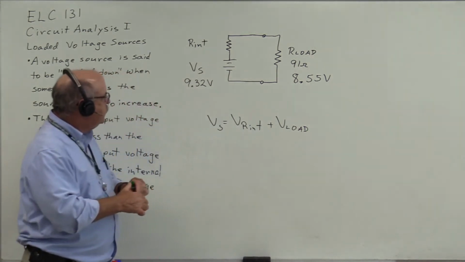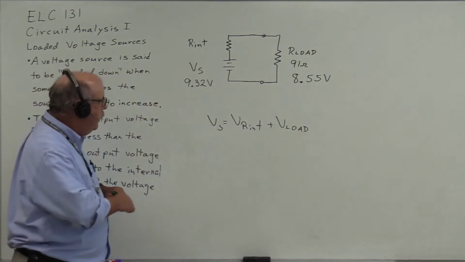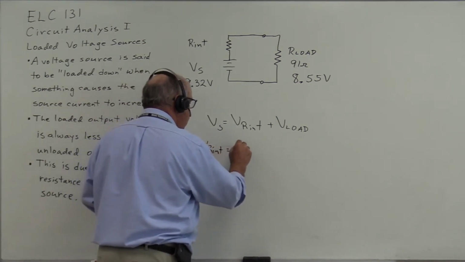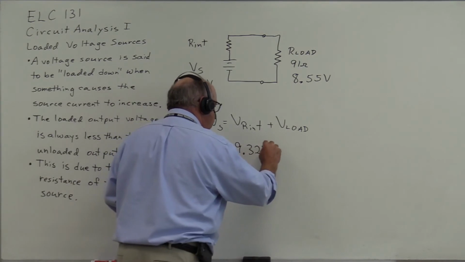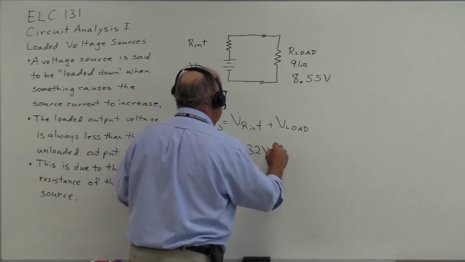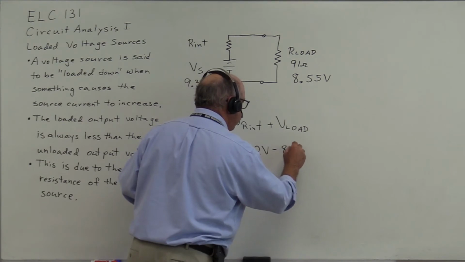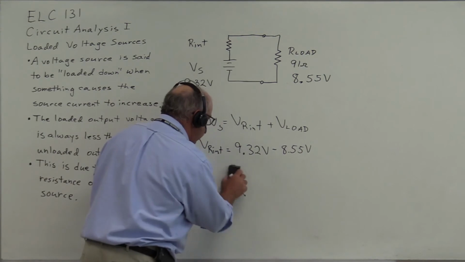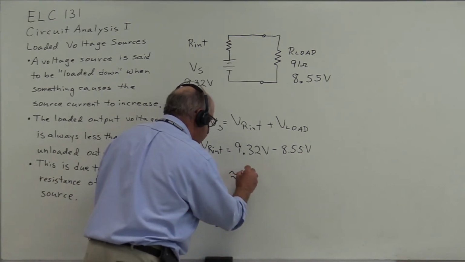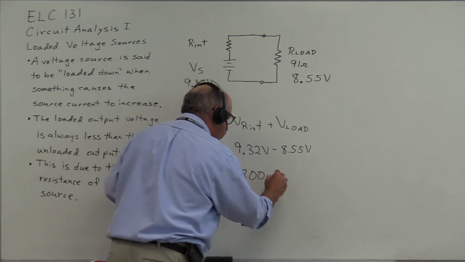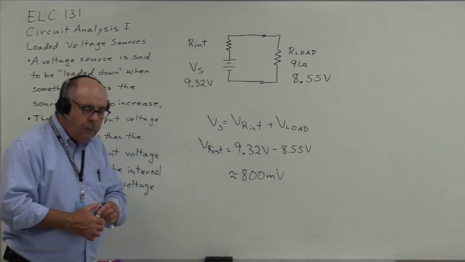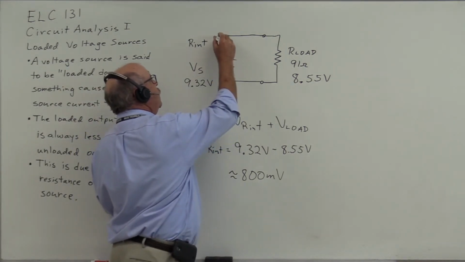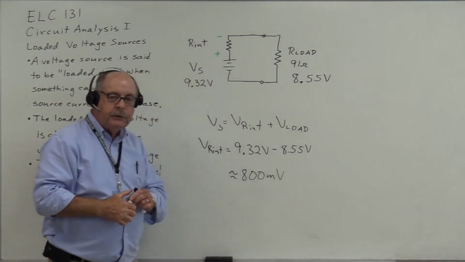And we determined that the source voltage was approximately 9.32 volts, and the full load output voltage was 8.55 volts, which gives us approximately 800 millivolts to be dropped across the internal resistance. So we know the voltage dropped inside the battery across the internal resistance.